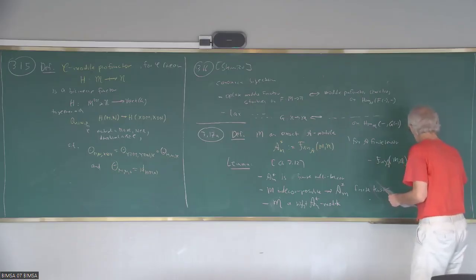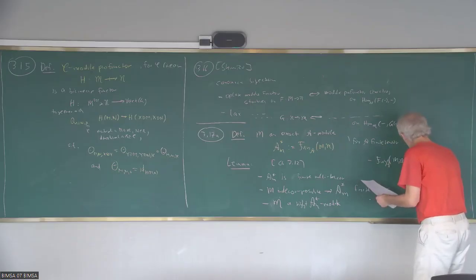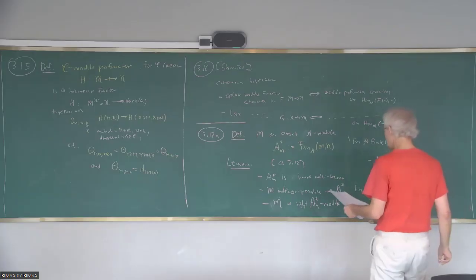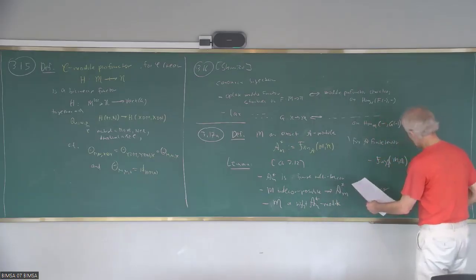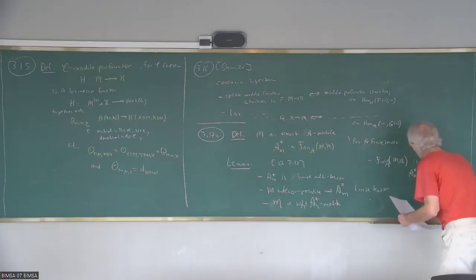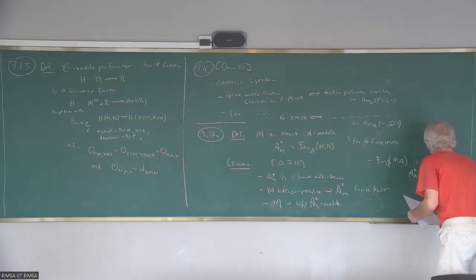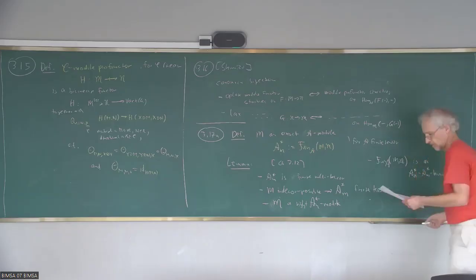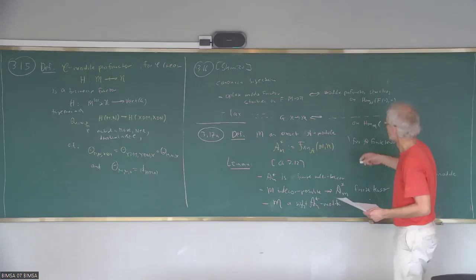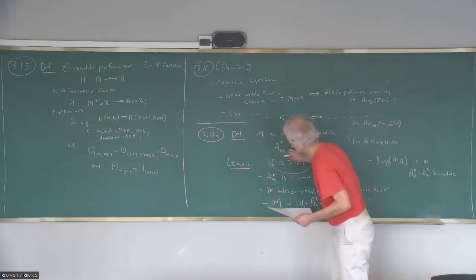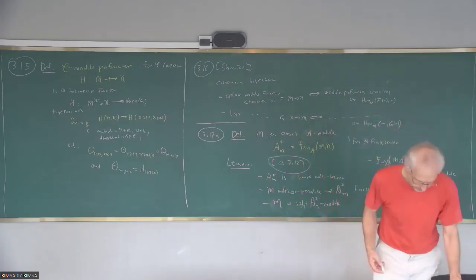This is naturally a module category over A M star. Let me see, is this correct? No. Should be N. A N star, A M star bimodule category. And you find more properties in this part of the book.